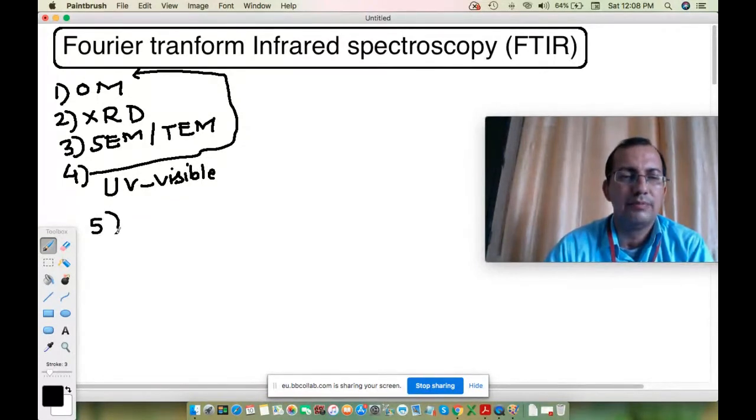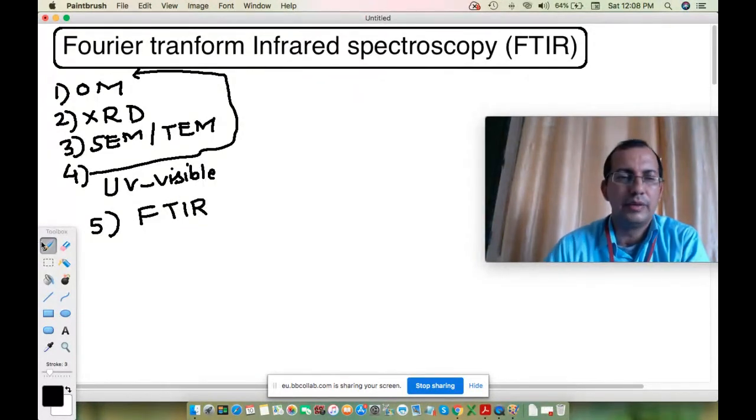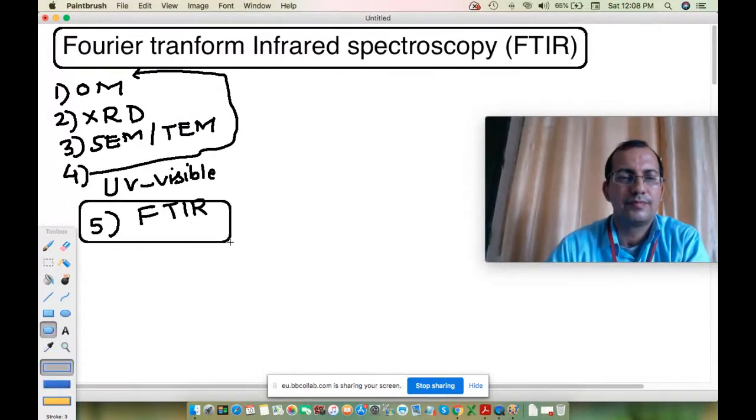Then they will come to the FTIR. Okay? FTIR. So what will happen in this case? We have to understand that here we are going to talk about this FTIR. So our main focus here would be to talk about this topic, which is FTIR.